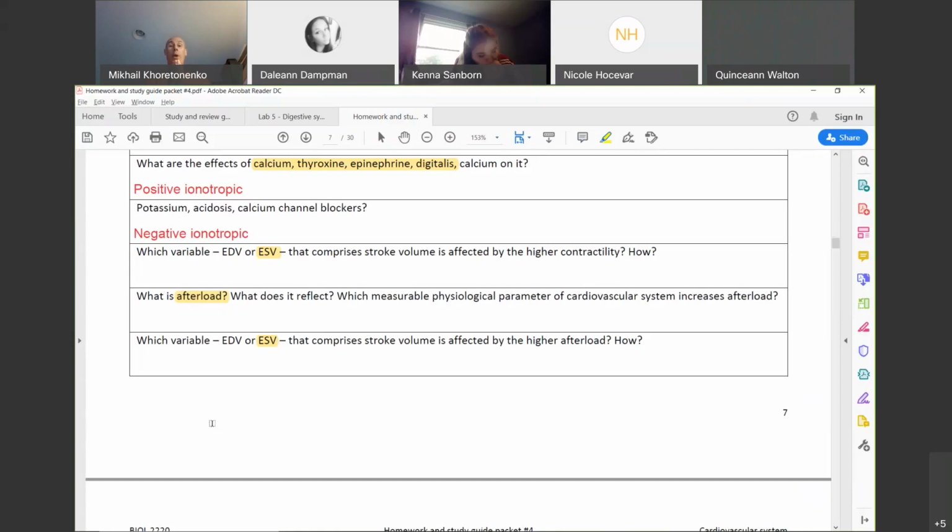If pressure in the aorta is very high, the left ventricle has to work against that high pressure, which prevents a lot of blood from being pushed into the aorta. So that blood stays in the left ventricle in the form of ESV instead of being pushed into the aorta, which subsequently increases end systolic volume. Is that clear?